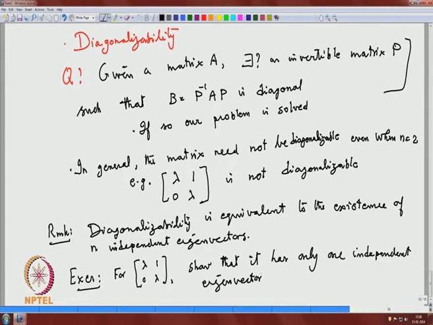Do you see that? When you are studying linear systems, our main aim is that, given a matrix, can we have the diagonalizability property. The moment your given matrix is diagonalizable, you can find a corresponding matrix B, and the system is completely solved.